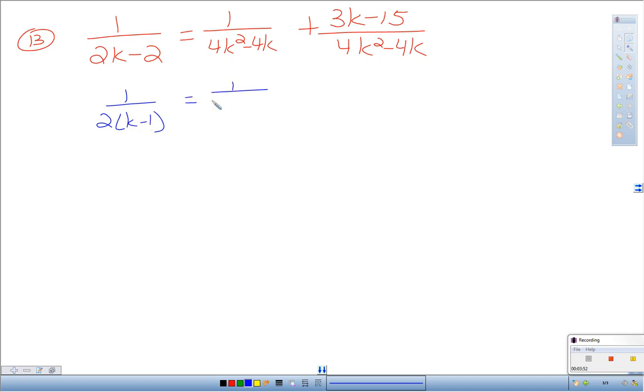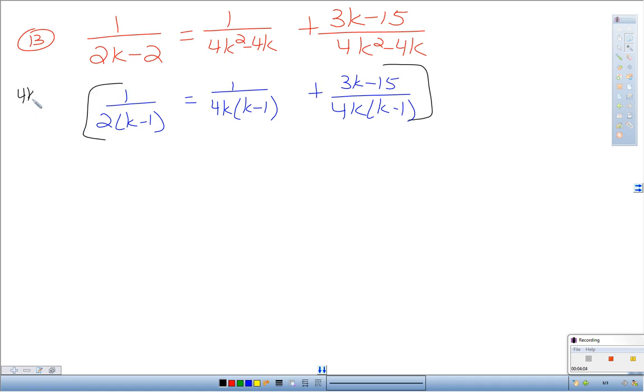In the second one, I can take out 4k, and that will leave me k minus 1. And in the last one, I can also take out a 4k, and that will leave me k minus 1. I'm going to multiply by my common denominator, which in this case would be 4k times k minus 1.